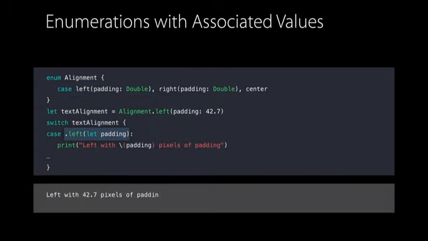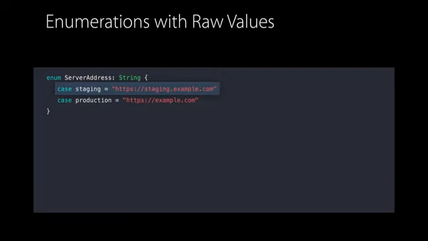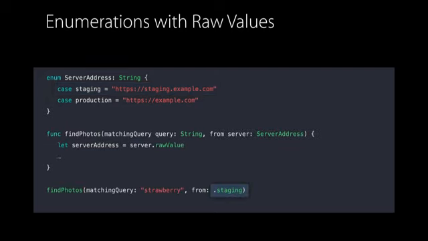And you can get that padding value back out as part of the switch case. You can also give each enumeration case a raw value from some other type, such as a string or an integer, which lets you improve type safety in your code by using enumerations instead of string constants.